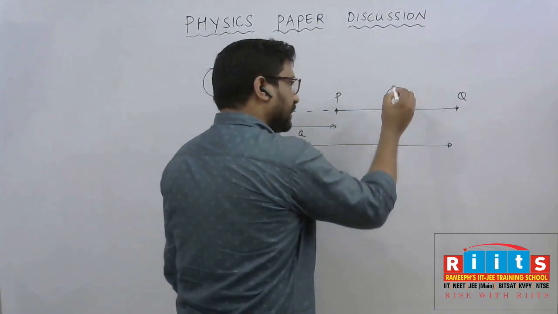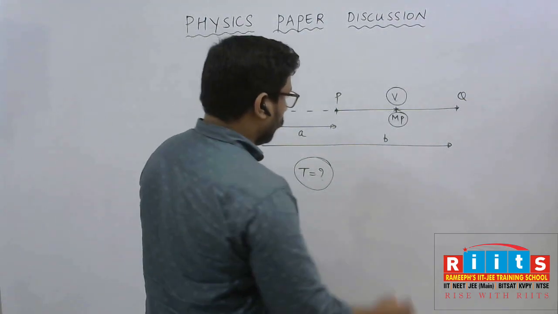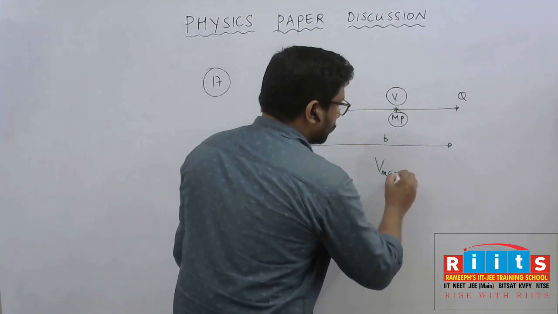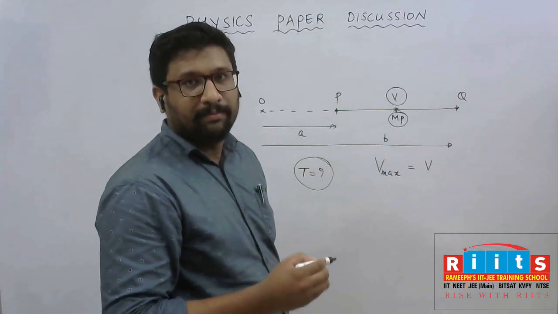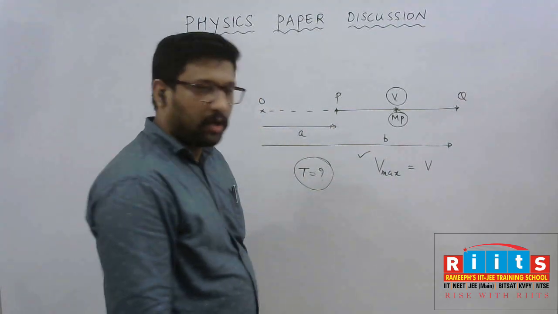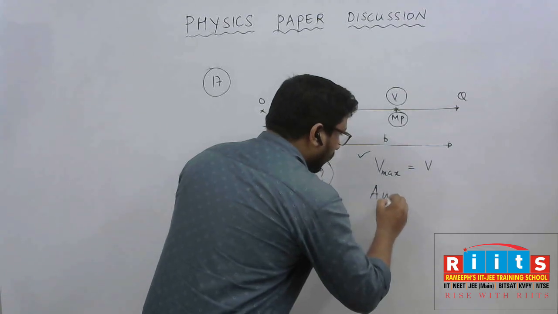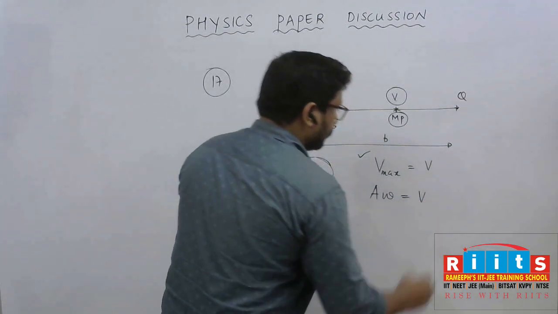The velocity at the mean position will be the maximum velocity, isn't it? So what is the value of maximum velocity? Maximum velocity is given as V, and for any kind of simple harmonic motion, the equation for maximum velocity is A omega, amplitude into omega, which is equal to V.